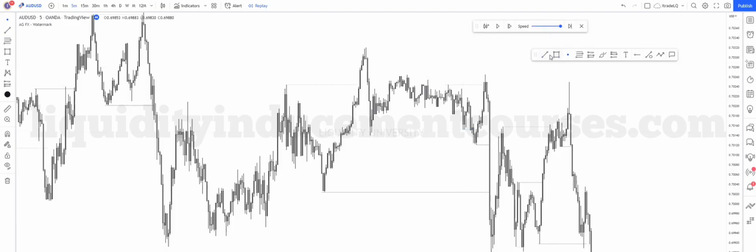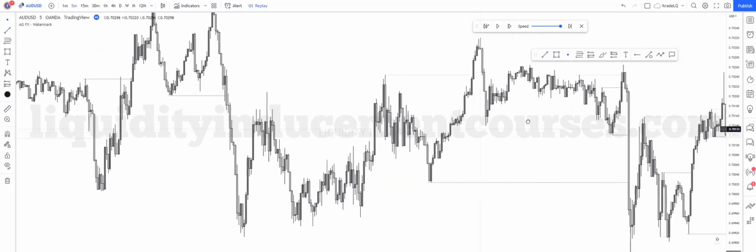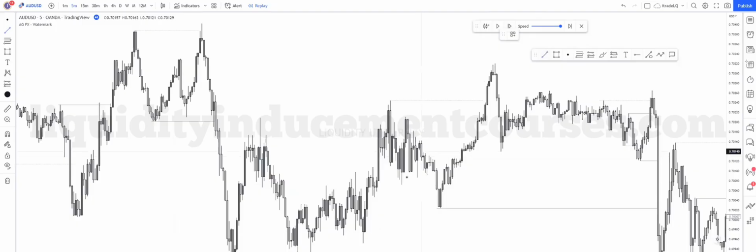Strong low right here. All right, take out liquidity. Just choosing the most recent low right there. Structure point.